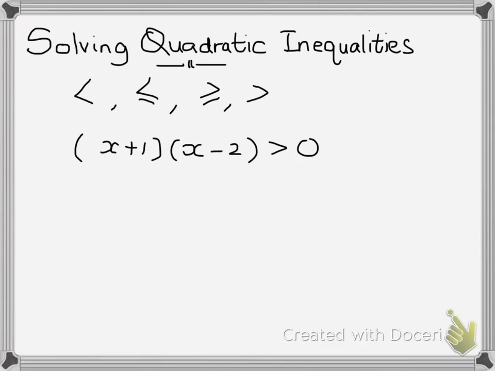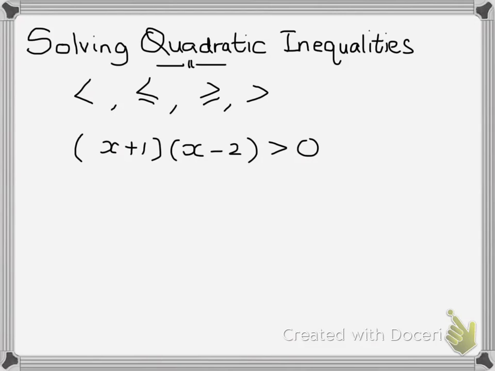On the right-hand side, it's greater than 0, so this is an inequality because it does not equal 0. What we want to do here is to find the range of x that fits this statement, okay?